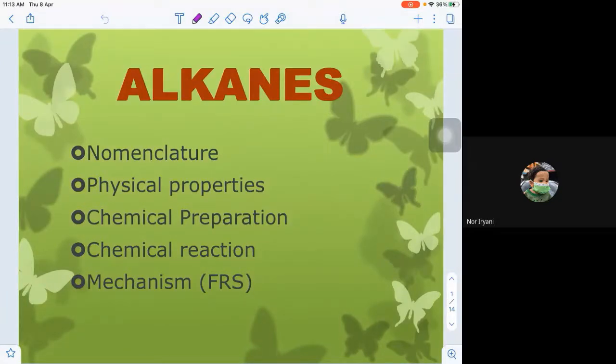Okay, so now let's move to the first class of the compound that we want to discuss, which is the alkane family. When we discuss any class of a compound, firstly we have to know nomenclature, how to give a name to the molecule.